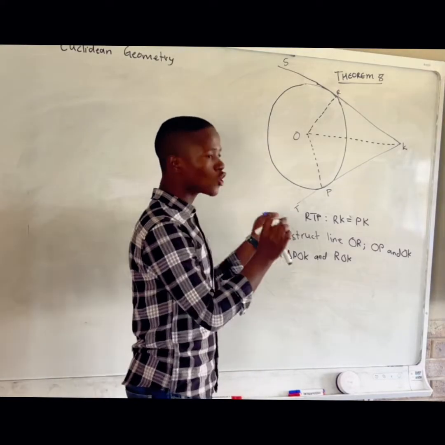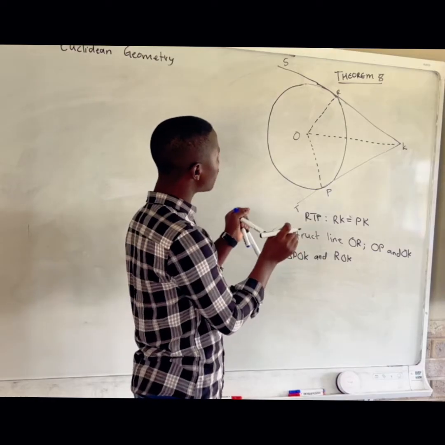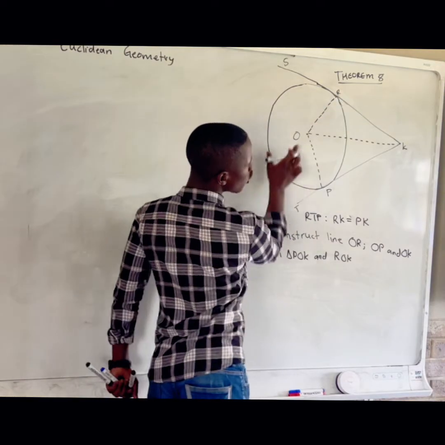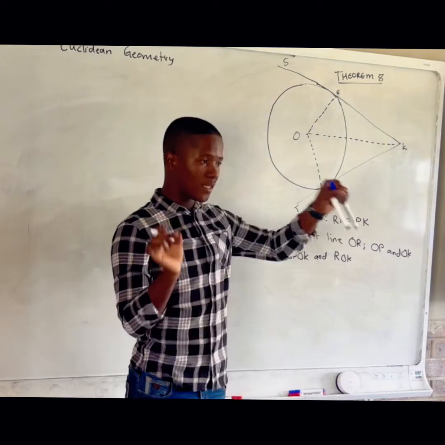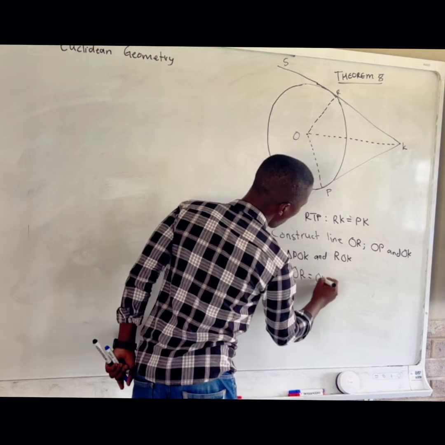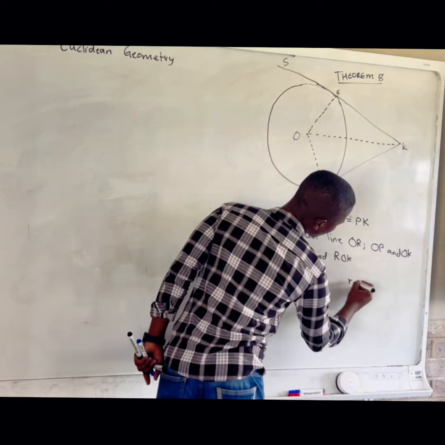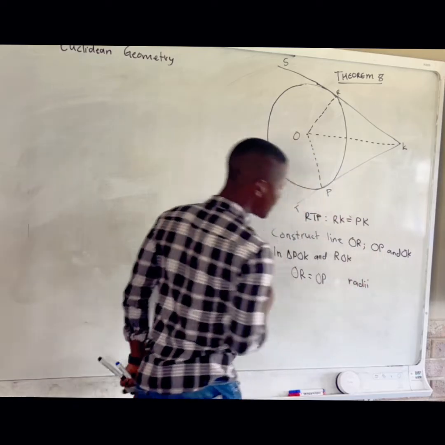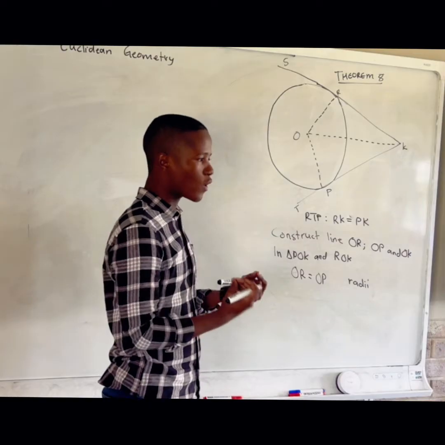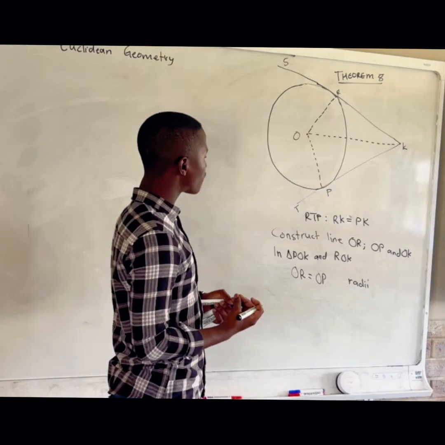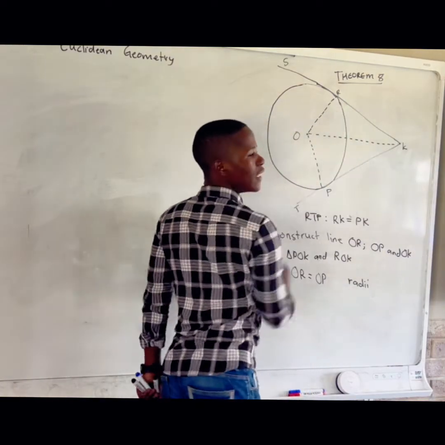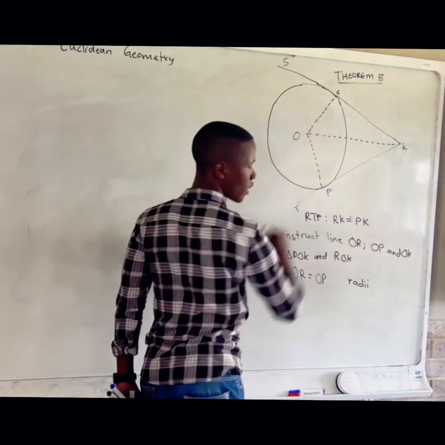Then the first thing you are going to say is that OR is equal to OP, and the reason is that these are your radii. Then from here, can you see that OK in this triangle is the same as OK in this triangle?